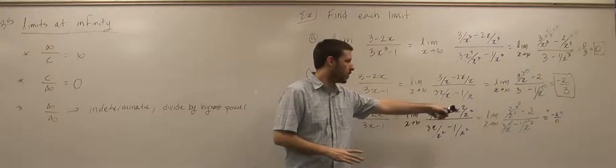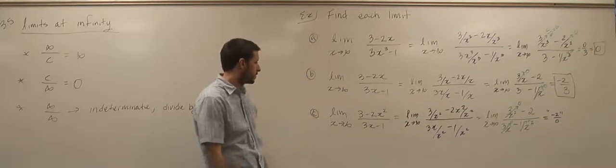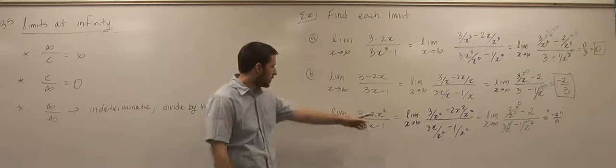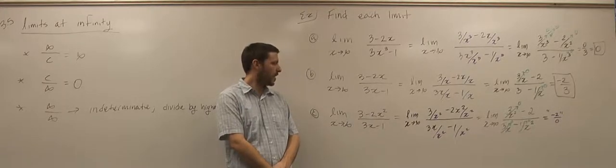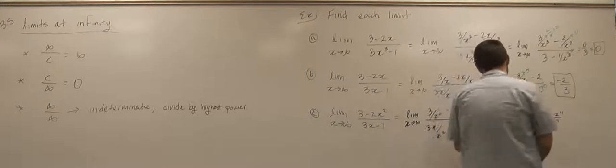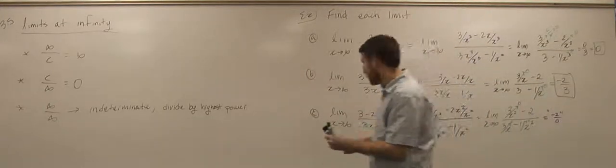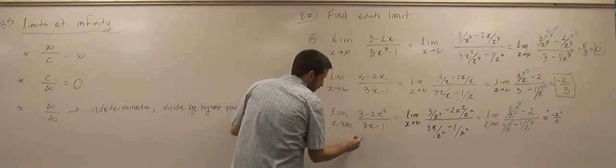So what I would do at this point is, I guess, a table or just plug something in. What do you guys think it is? Negative. Yeah. Why? You put in like a million for x. I think as x goes to infinity, you can go back to the original, maybe it's a little easier.